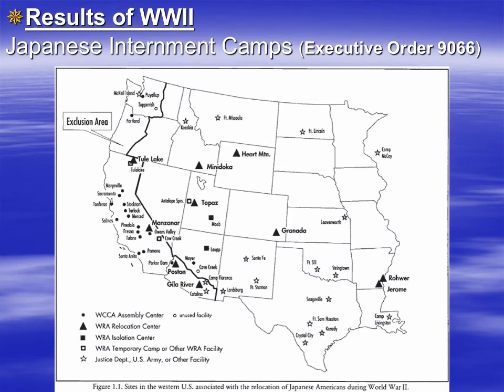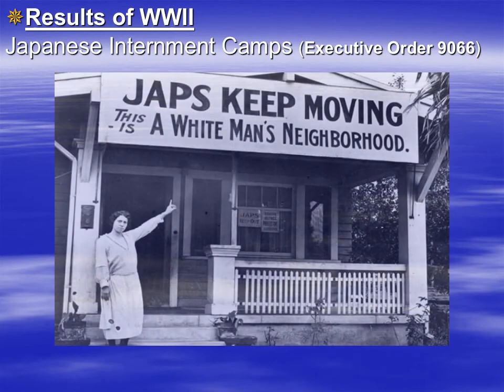The Japanese internment camps are probably one of the worst civil rights violations that we're going to do during World War II. We are going to move the Japanese off of the coast of the United States, as you can see along the West Coast, and we're going to move them into relocation camps. And we take their property from them. It's really a violation of their civil rights.